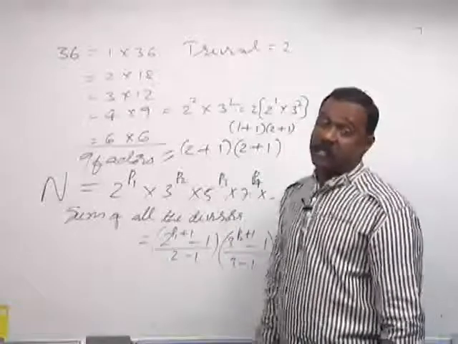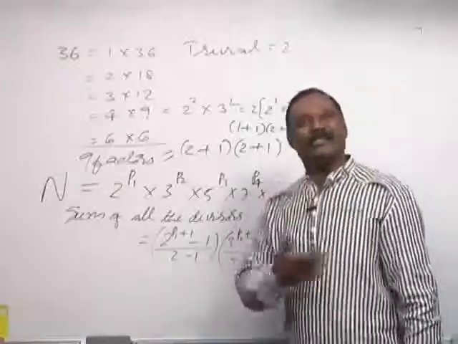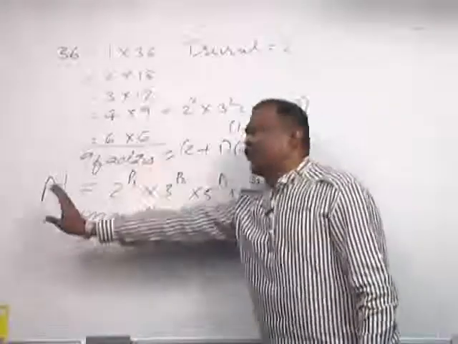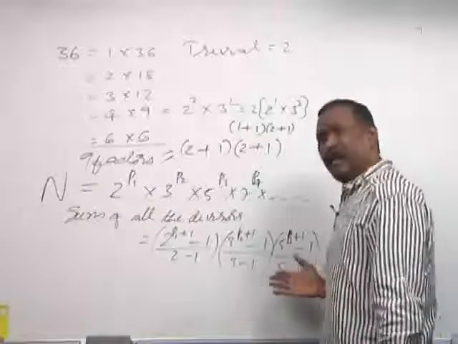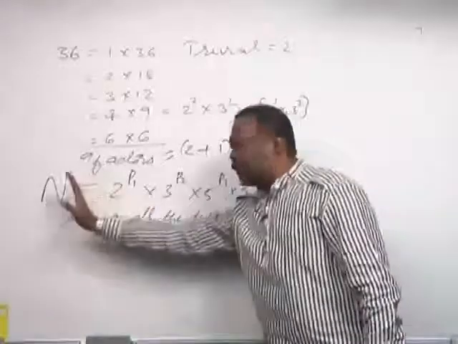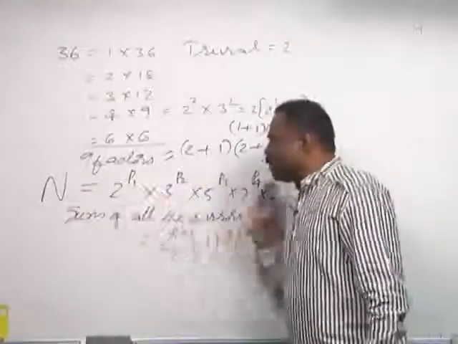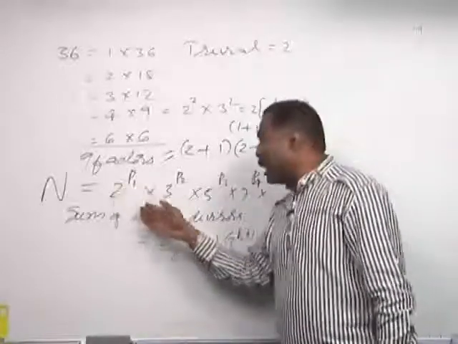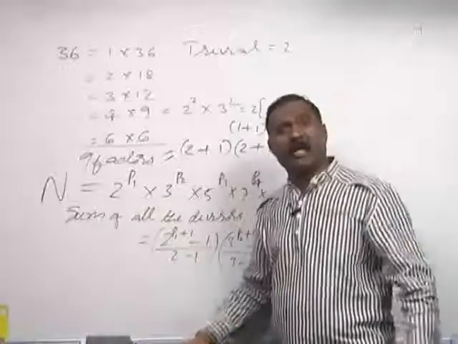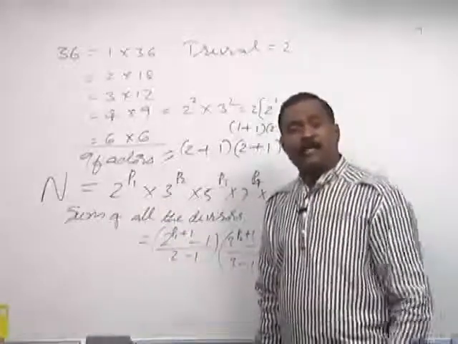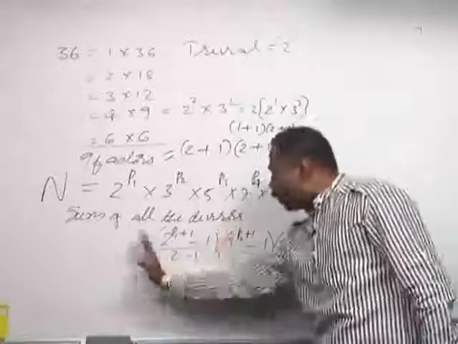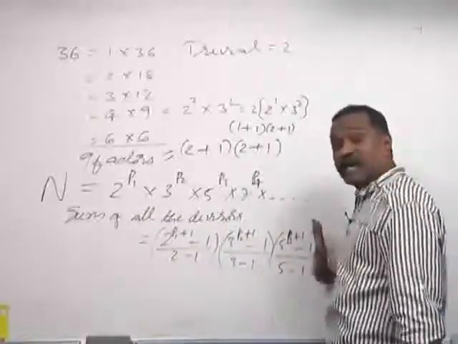Then the sum of the odd divisors and the sum of the even divisors. Sum of the odd divisors means you avoid the 2 power p1 and write the same formula. Avoid 2 power p1 because that will make any number even. If you multiply any number with an even number, that becomes again an even number. So if you need the sum of odd divisors, avoid this and apply the same formula from the next one.